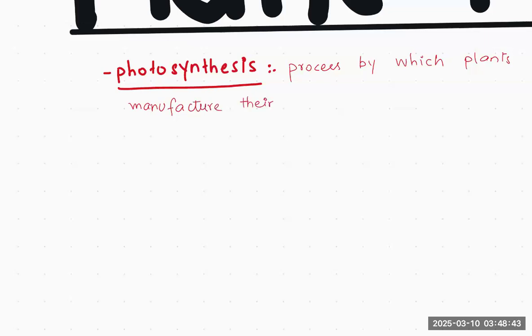Or instead of saying manufacture their own food, they make their own carbohydrates basically, from raw materials using energy from light.